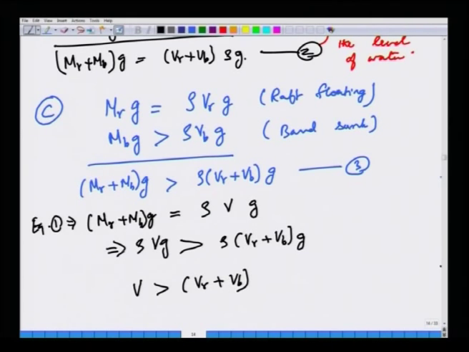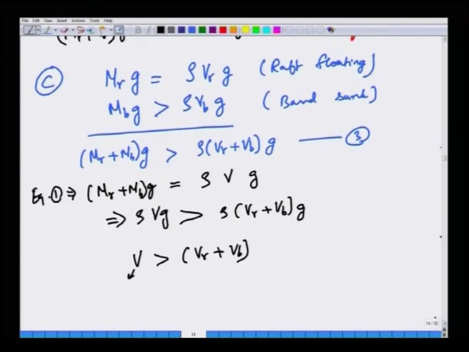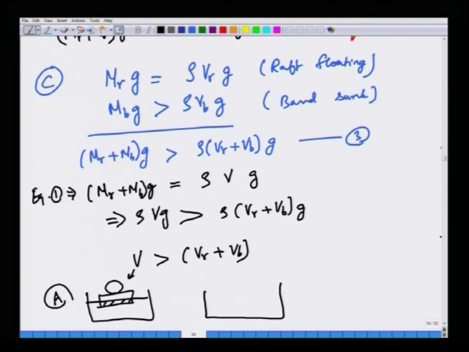So, this is equation 1 from case 1, where this is the displaced volume when the raft and the barrel are floating, in case A. Now, in case C, only the raft is floating, this is the displaced volume of the raft, and the entire barrel is sunk.